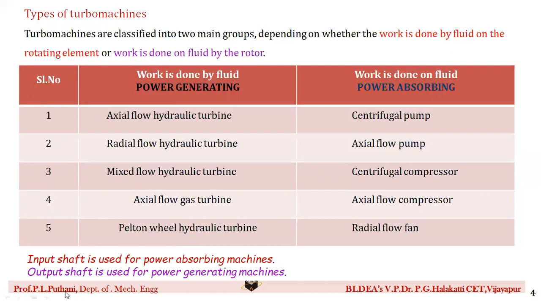In that case, there are two types of turbo machines, depending upon this phenomenon, that is whether work is done by the fluid onto the rotating element, or work is done on the fluid by the rotor. The only difference is here work is done by the fluid. Keep this in mind. Work is done by the fluid, whereas here work is done on the fluid.